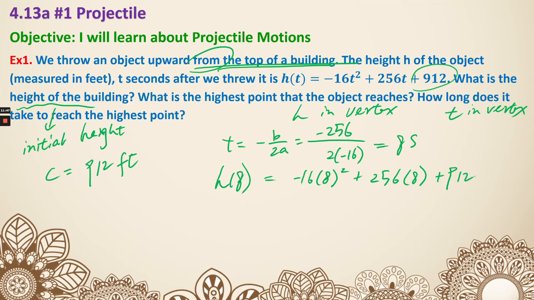So in this case, that is going to give us 256 times 4, so 1024 plus the 912, which is 1936. Don't forget unit feet. That is example 1. So again, when you look for the maximum height and how long it takes to reach there, you're looking for the vertex.